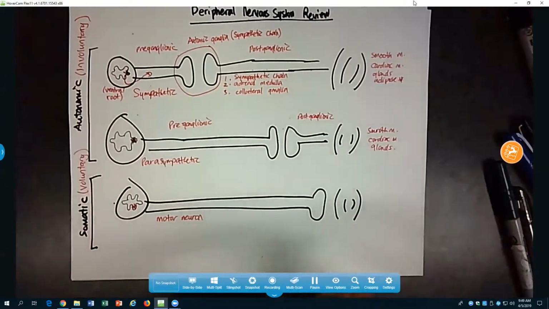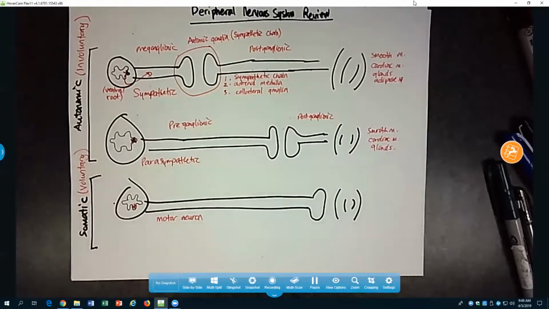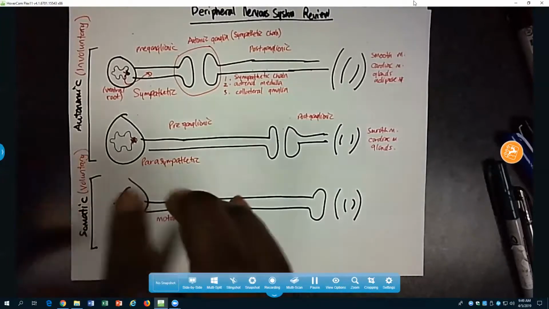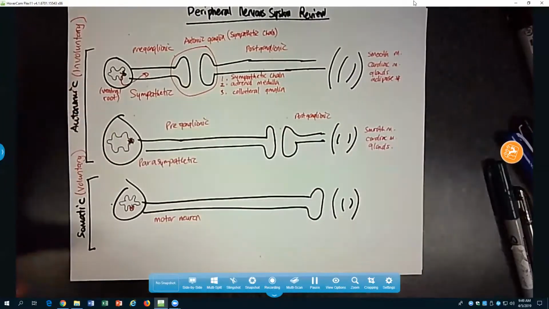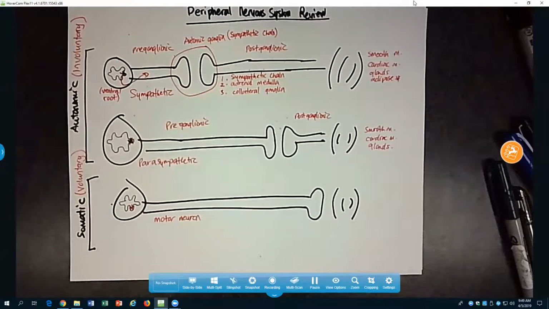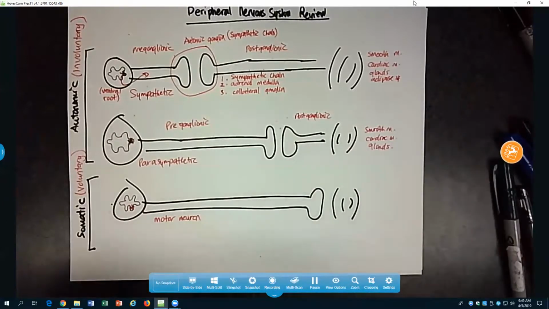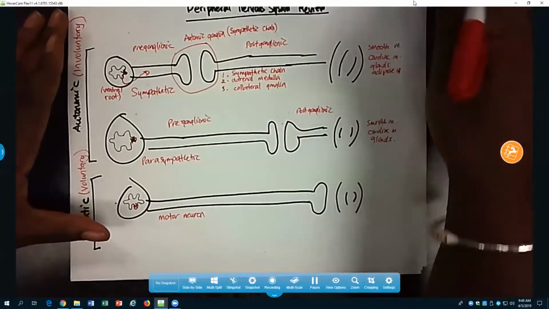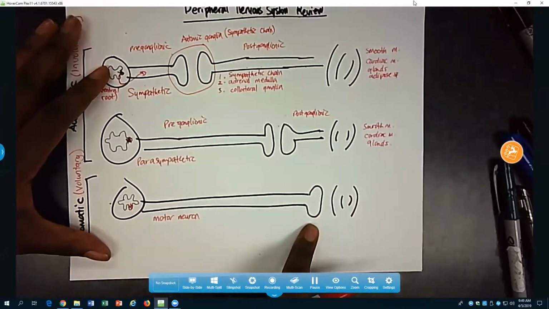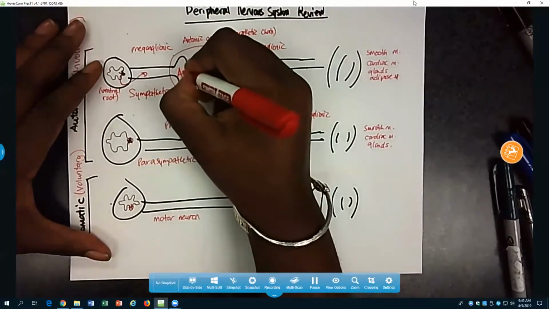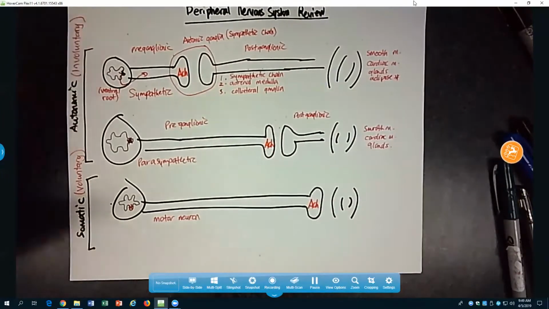Now, we also spoke about the type of receptors, so the neurotransmitters and the receptors involved. What type of neurotransmitter is released from the preganglionic neuron? Acetylcholine. So this is what we know as fact. All preganglionic neurons and all motor neurons secrete acetylcholine. So we can go ahead and put acetylcholine as the neurotransmitter on all of these neurons.